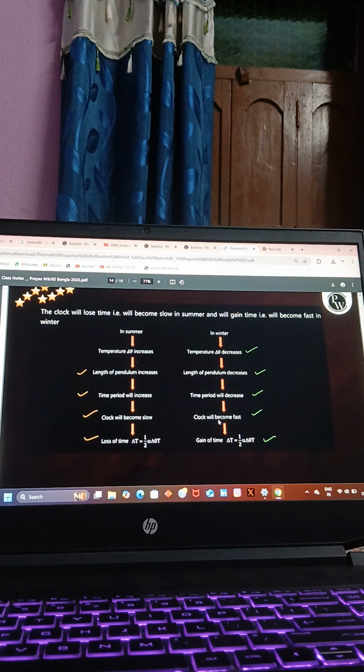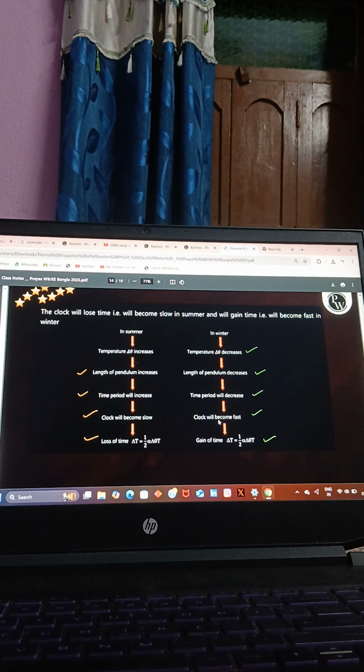In summer, temperature will increase, length of pendulum increases, time period will increase, and the clock will become slow, because the time period of the pendulum clock in summer is more than the normal clock's time period.